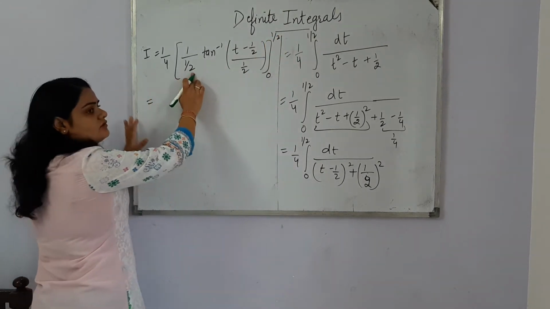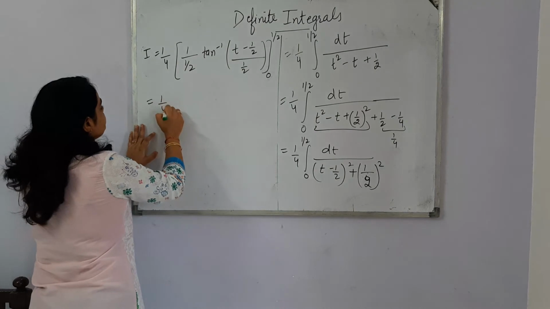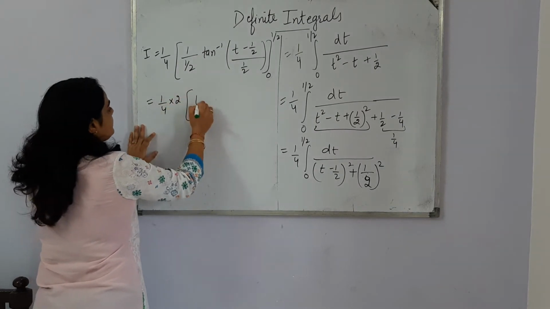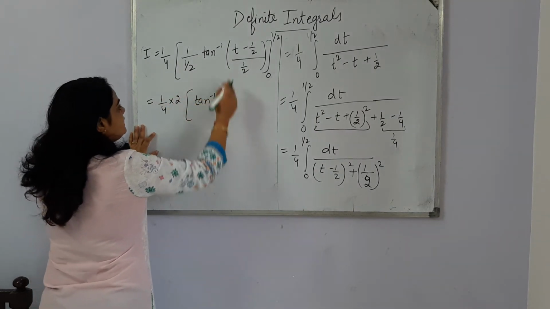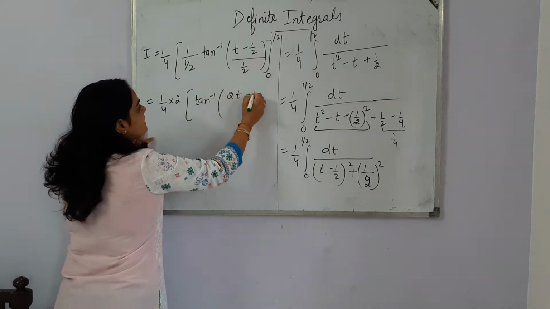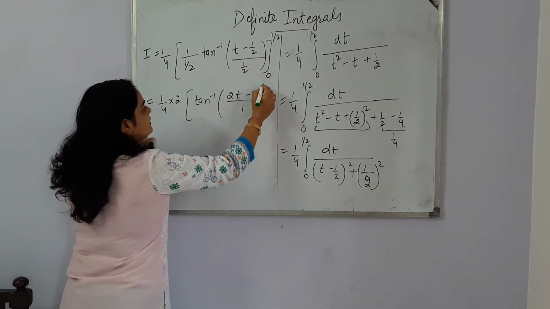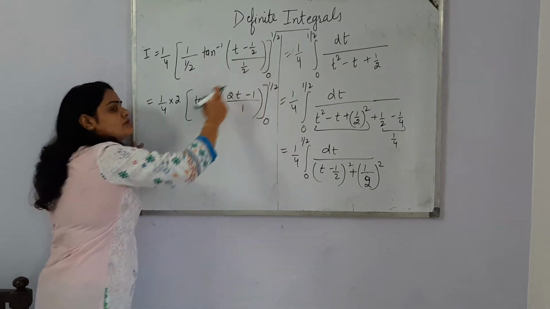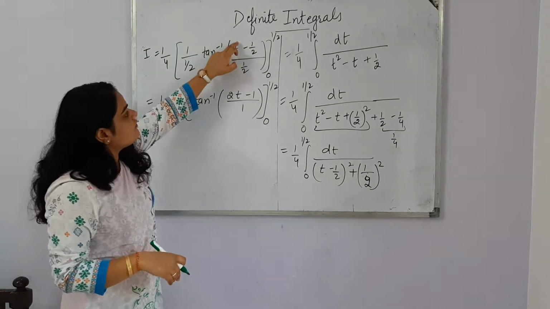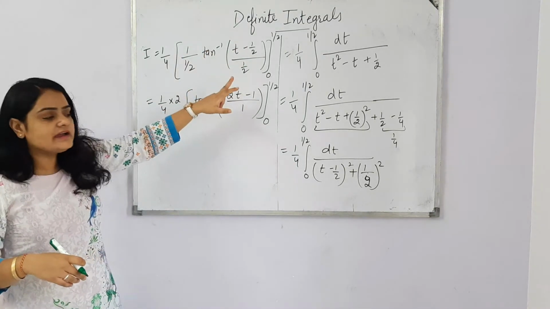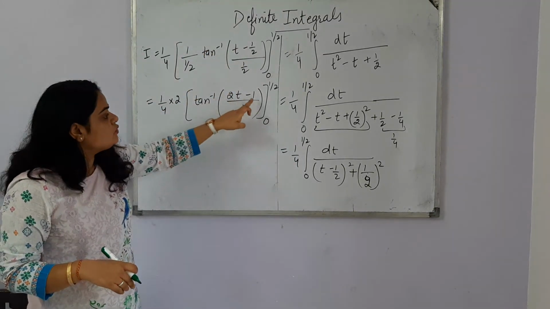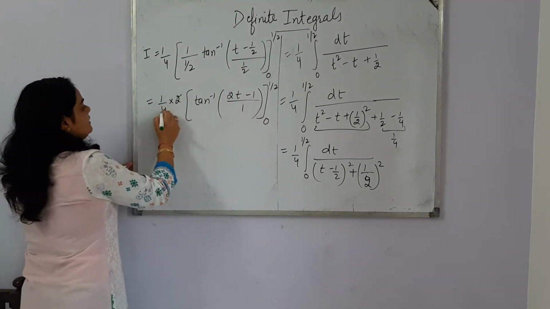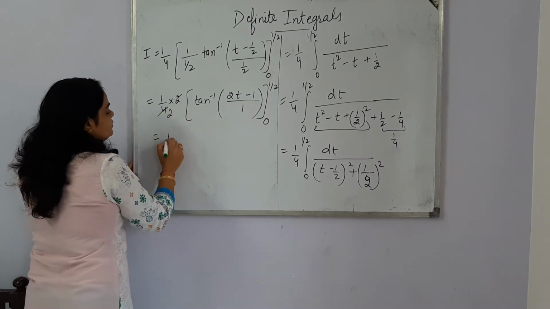So this is a constant, I can take it out. Inside tan inverse I am taking the LCM, it is 2t minus 1 upon 1, because this 2 will cancel out with 2. So I am getting 2t minus 1 upon 1, and here I am getting 1 by 2.